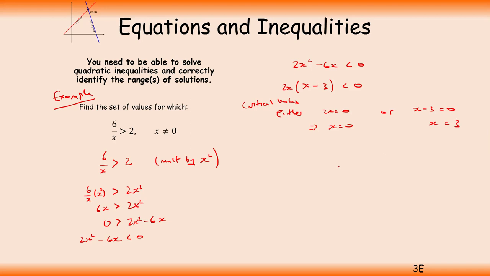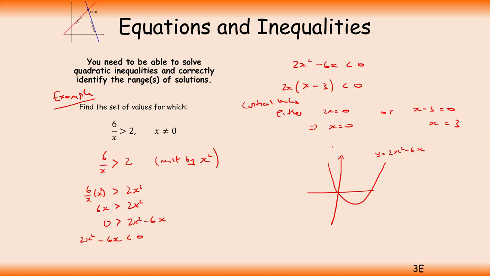It's a happy quadratic. If we sketch it again, whoops, didn't turn out very well, but that's okay. Passes through 0 and 3, so I'm going to try my hardest to make sure it goes through. Oh, not too bad. It's my happy quadratic. y equals 2x squared minus 6x, and we're looking for the part of it.